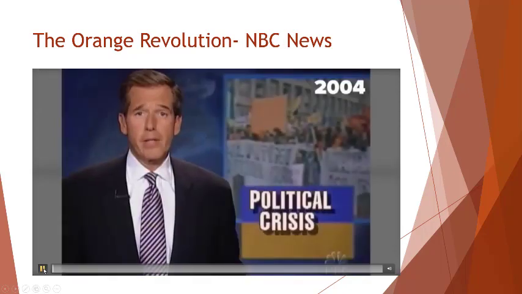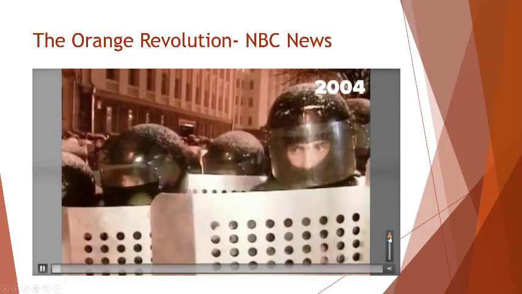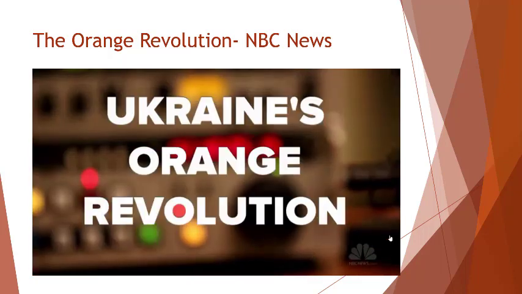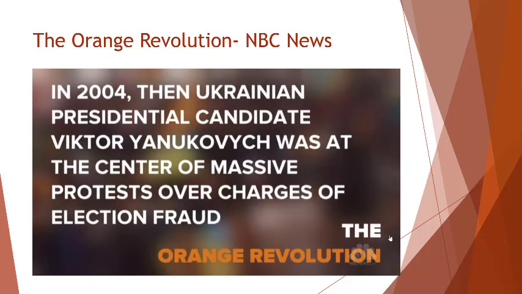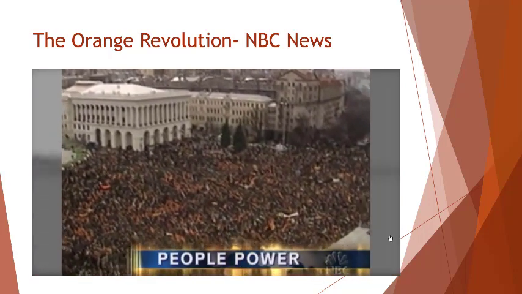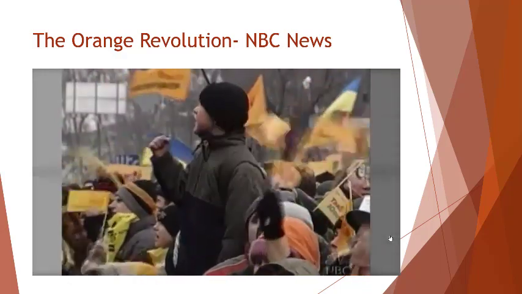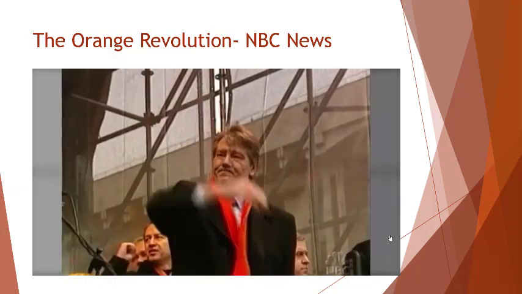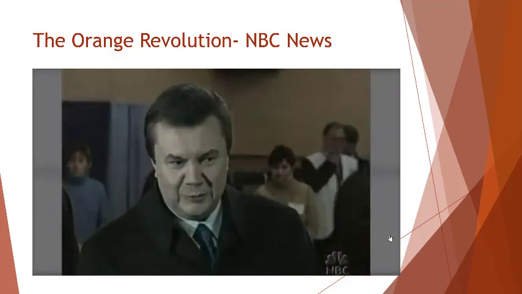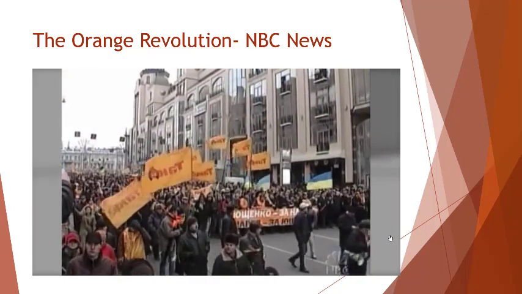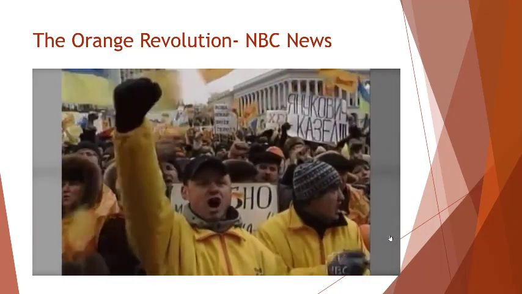Demonstrators clash with police, hundreds of thousands protesting the results of the election and calling for a new vote. Hundreds of thousands of pro-democracy Ukrainians in the streets today protested against the results of the presidential election, pitting their candidate, the West-leaning challenger Viktor Yushchenko, against the pro-Moscow Prime Minister Viktor Yanukovych. They claim Yanukovych's victory was rigged with reports of ballot stuffing and voter intimidation.